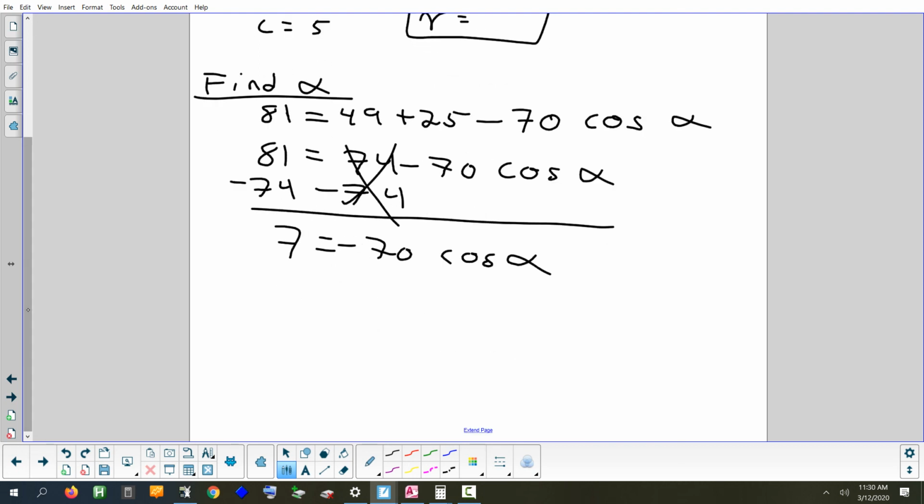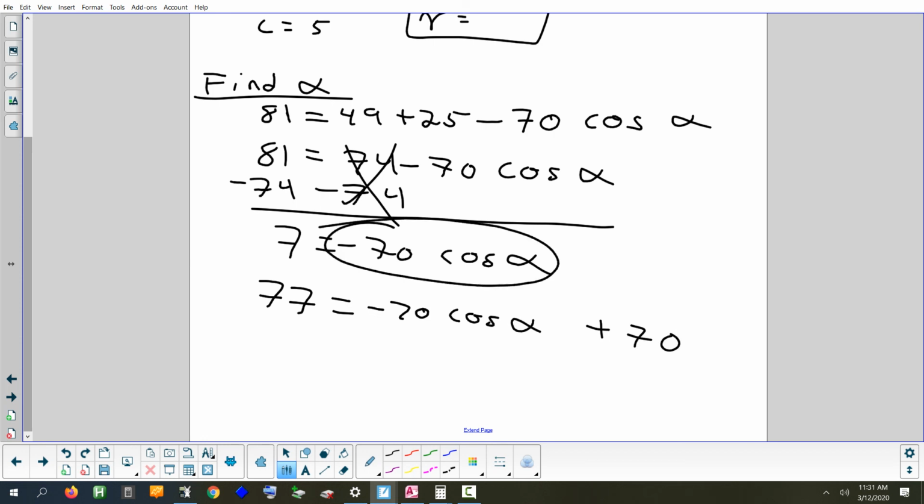Okay, second to last step. Tell me my next step. Both sides. You can, but if you add 70 to both sides, you're going to get 77 equals negative 70 cosine alpha plus 70. Because you cannot combine this with a number because it's not a number.